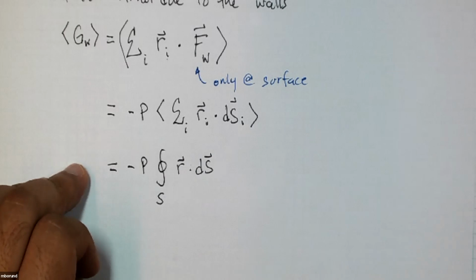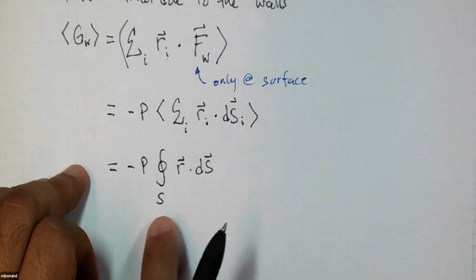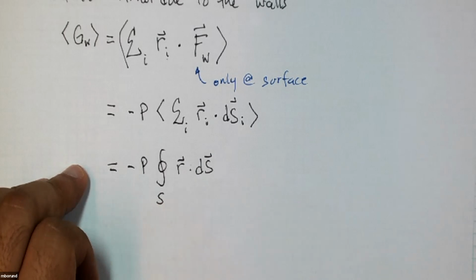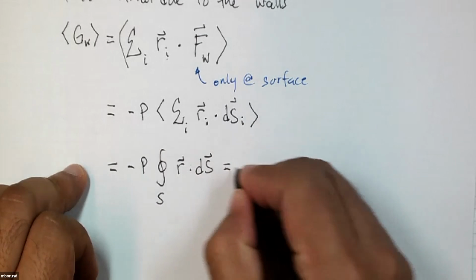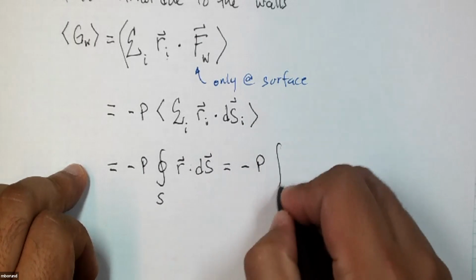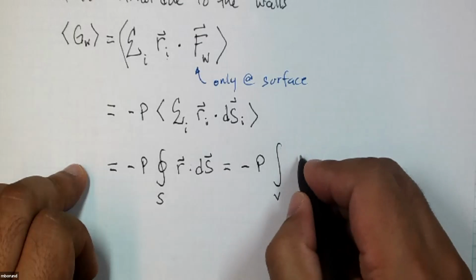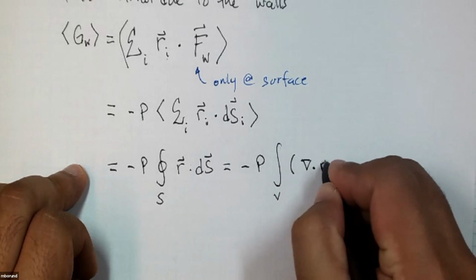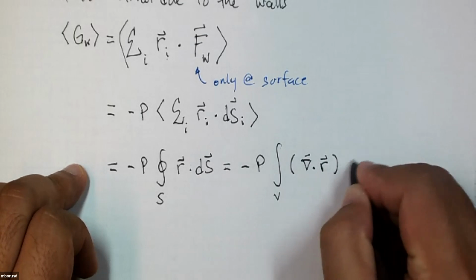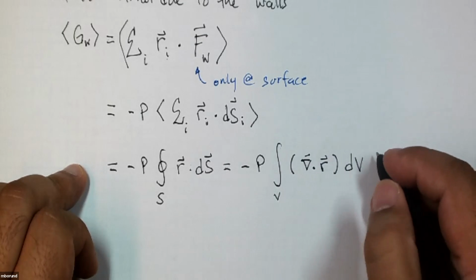You guys are okay with that? All right. So now we do one of the theorems that you use in E&M, right? There's a theorem that takes you from a surface integral to a volume integral. You guys remember which one it is? Stokes, divergence. All right. So we do that, and we get negative P, the negative pressure, integral over the volume, and then the divergence of this guy, dV.